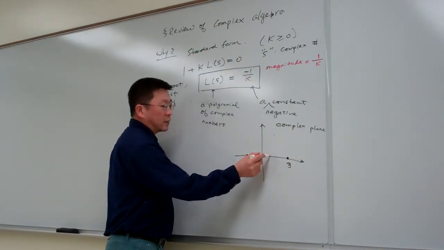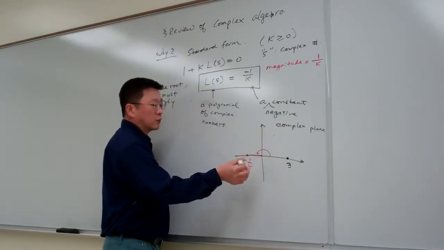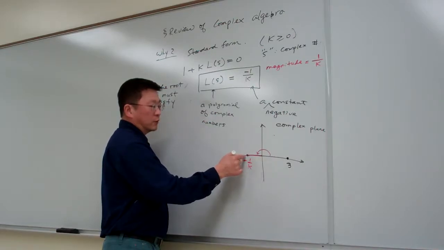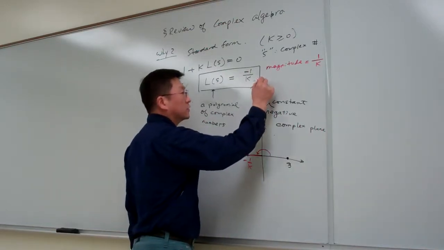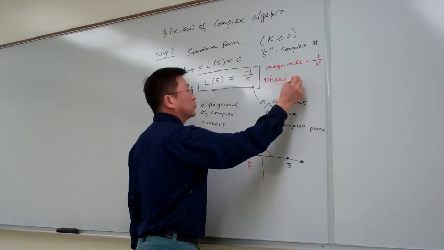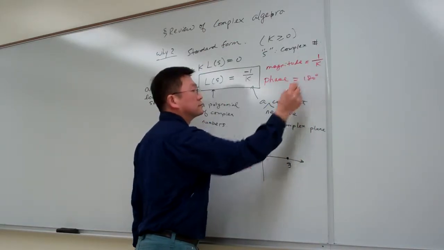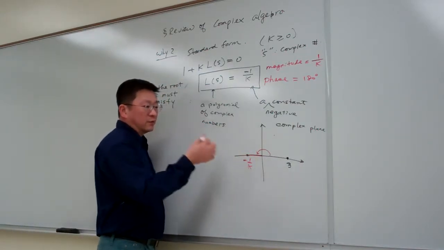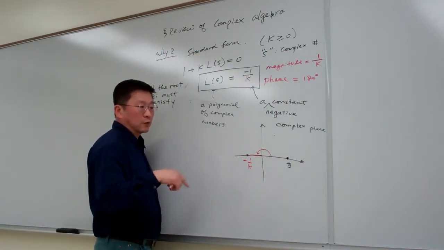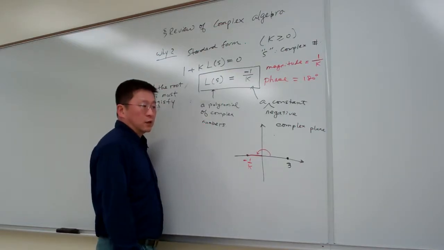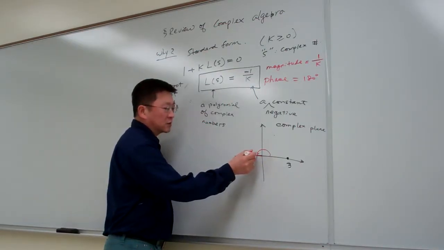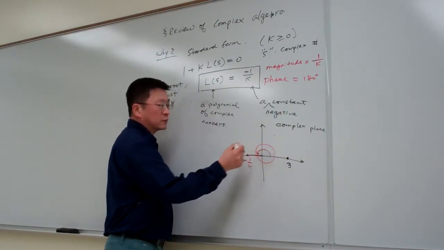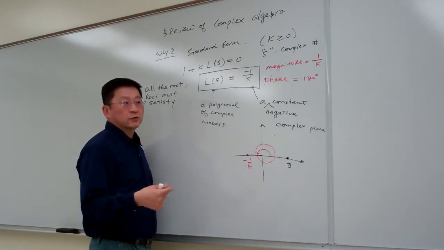The phase, later I will give a review. The phase, basically, we measure counterclockwise from this arrow to wherever the point is. So for this phase, it is equal to 180 degrees. In complex numbers, the system has infinitely many equivalent descriptions. So we say this is 180 degrees, which can also be equivalent to 180 degrees plus an additional 360.